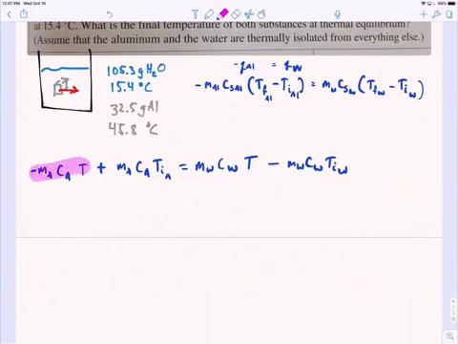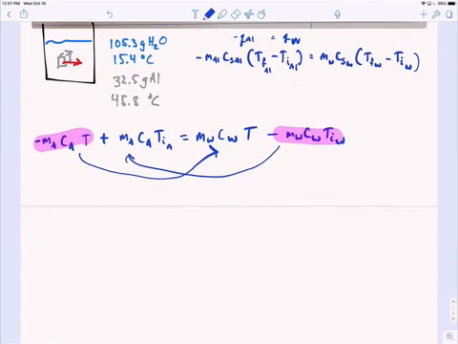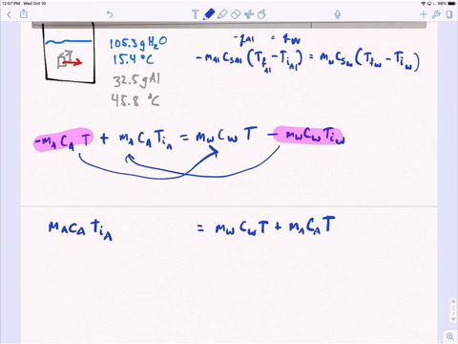Now we have to get the temperatures on the same side. We add that term on this side, and subtract this one over here. So we say mass of aluminum, heat capacity of aluminum, T initial aluminum, equals mass of water, heat capacity of water, final temperature, plus mass of aluminum, heat capacity of aluminum, final temperature.